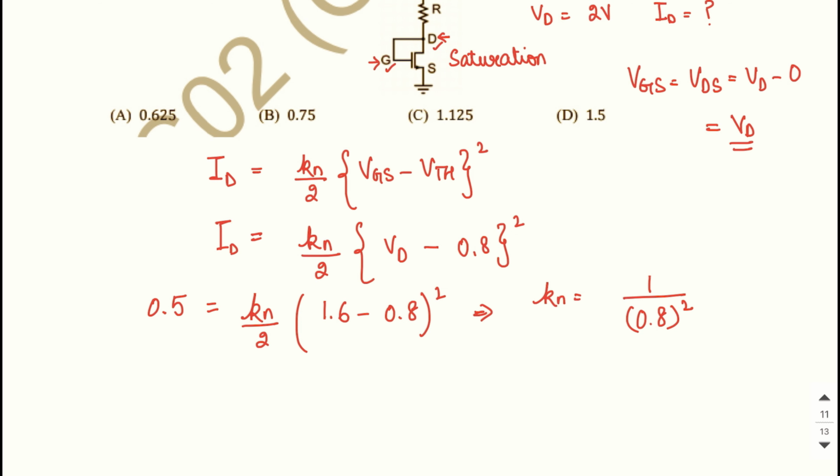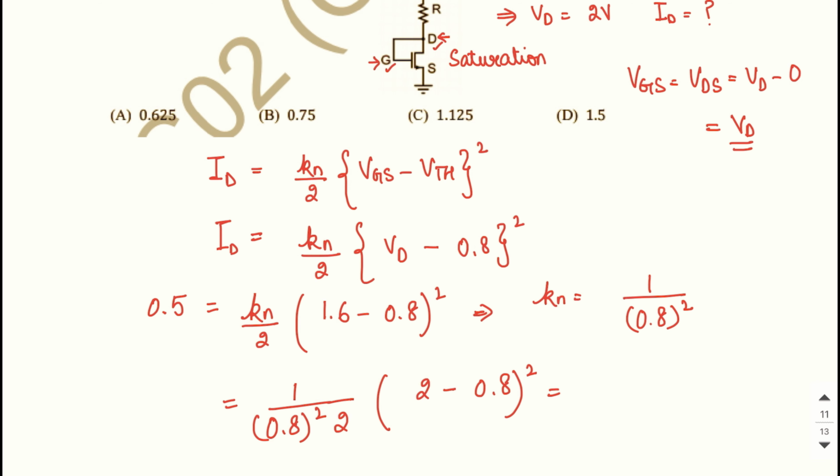The second situation given is you need to find out the drain current for VD equal to 2 volt. So simply we will have the situation that Kn is 1 upon 0.8 whole square, and we'll write a 2 also, and then this time VD is equal to 2 volt, so 2 minus 0.8 whole square.